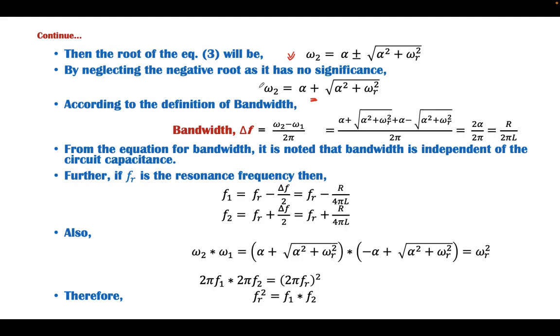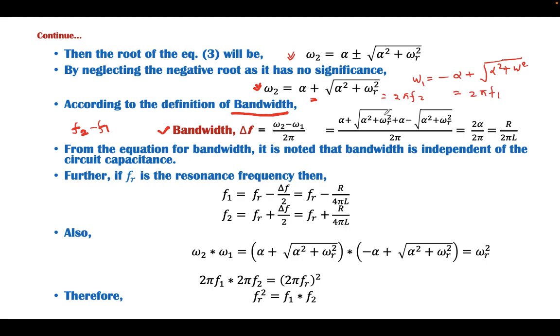From this equation we can find omega 2, whereas omega 1 we have already calculated, which was equal to minus alpha plus the square root of alpha square plus omega R square. Now, to find the bandwidth of this circuit, we know the bandwidth is always F2 minus F1, and omega 2 is equal to 2 pi F2. Omega 1 is equal to 2 pi F1.